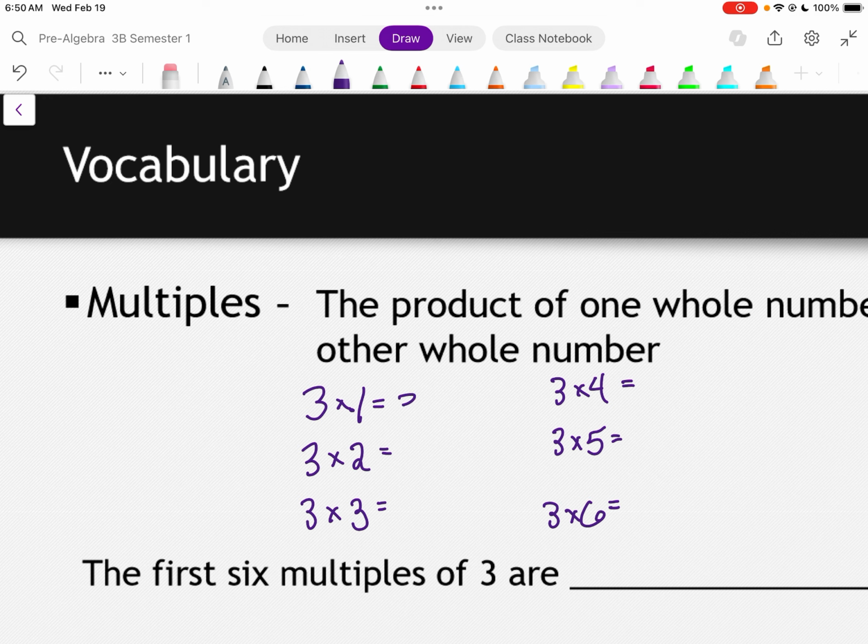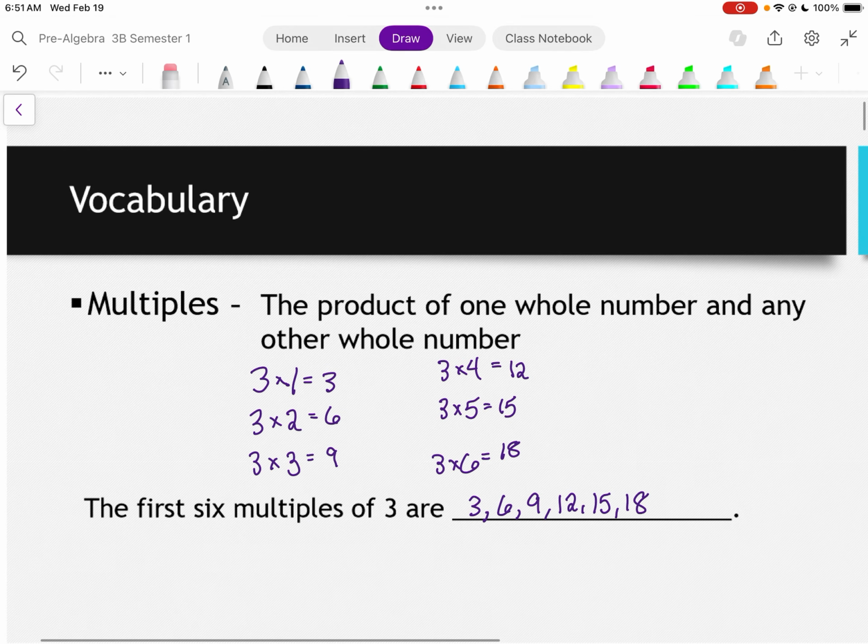And for that, we would get 3, 6, 9, 12, 15, and 18. And when we list those out, we're going to just list them out separated by a comma. So 3, 6, 9, 12, 15, and then 18. And that would be our multiples of 3.